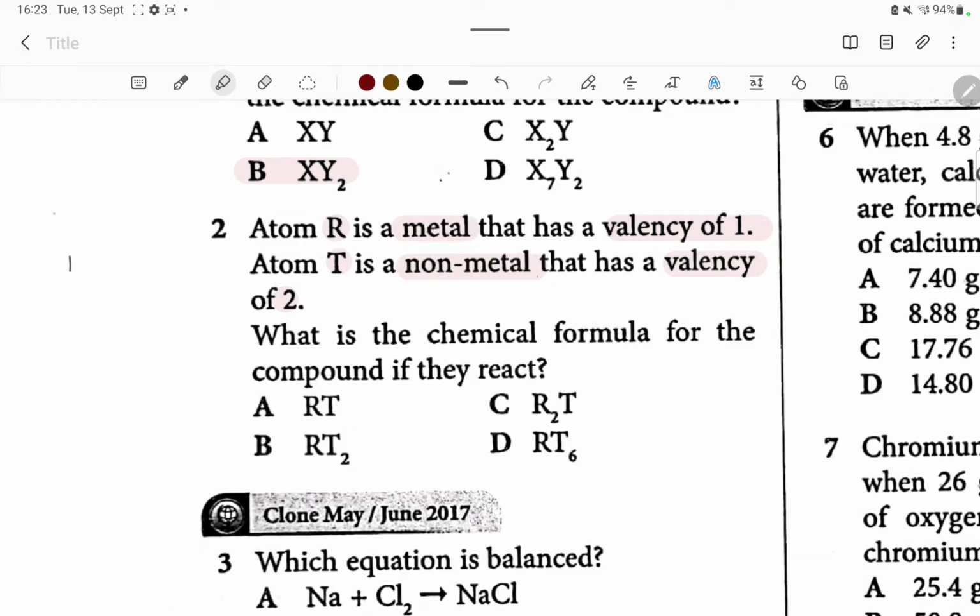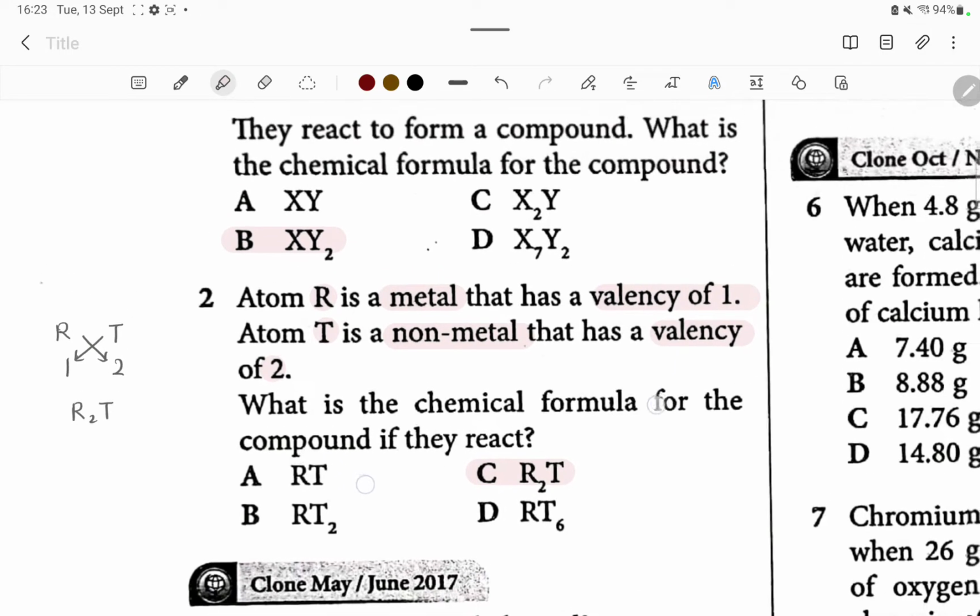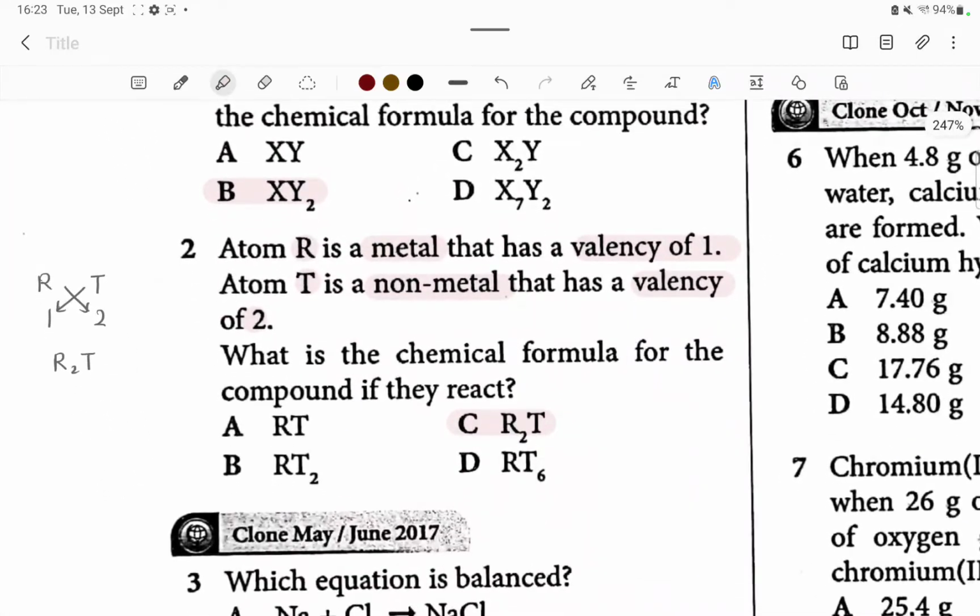T is not metal, non-metal will be after metal. So R, T. R valency 1, T valency 2. Cross. R2T. So C will be your answer. So number 1 and number 2, they are just asking you to form the chemical formula.